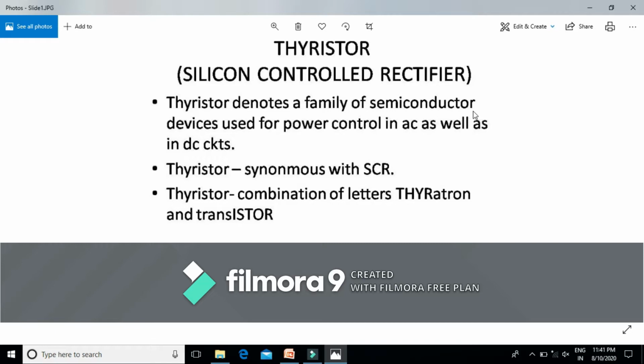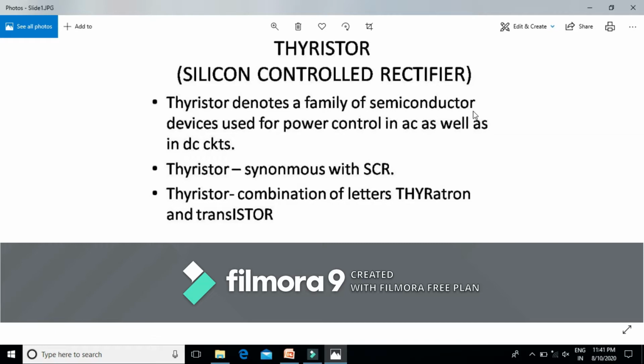Now, after the power diode, we are discussing another power semiconductor device, that is the thyristor, or we simply call it SCR, that is silicon controlled rectifier. After the invention of SCR by Bell Laboratories, as discussed in the previous lecture, many semiconductor devices with similar characteristics were developed.